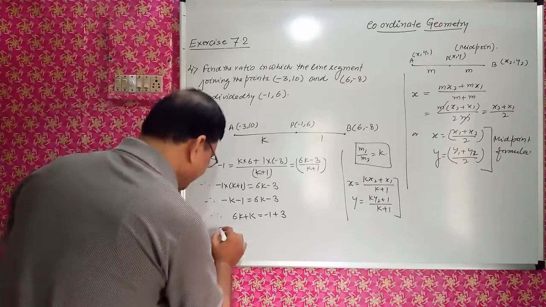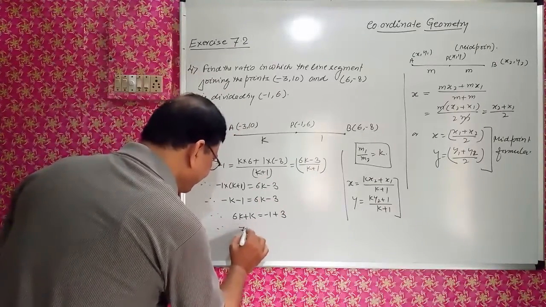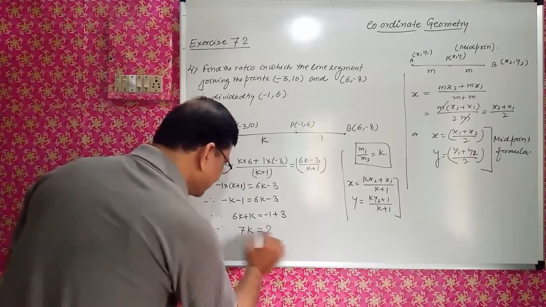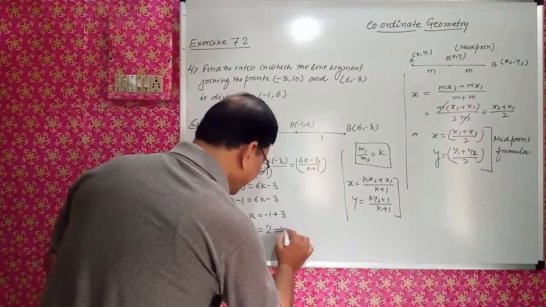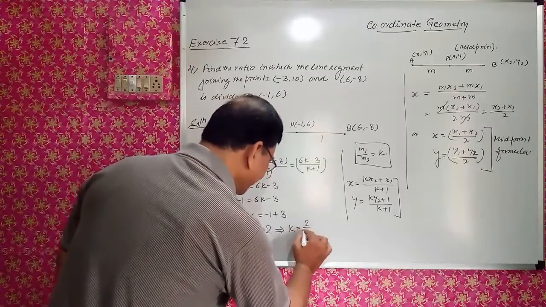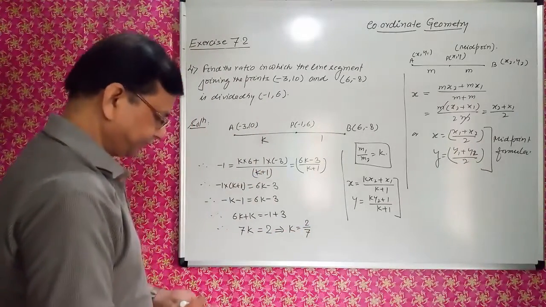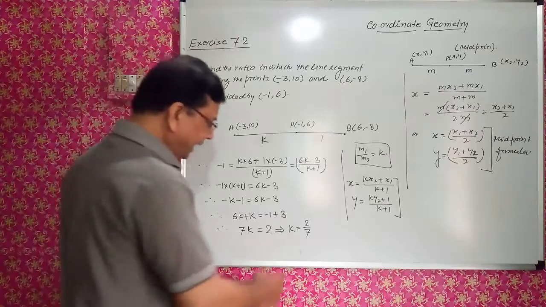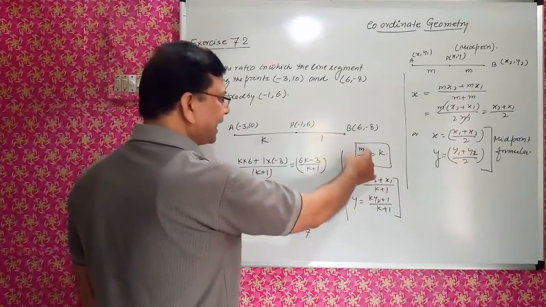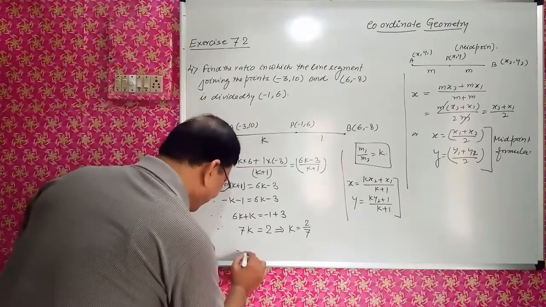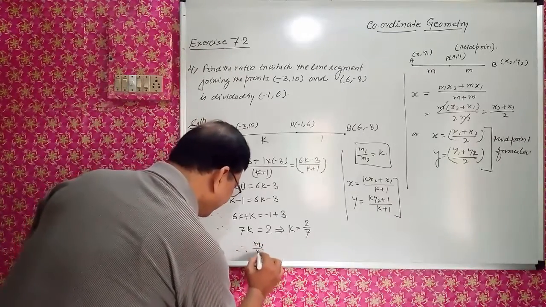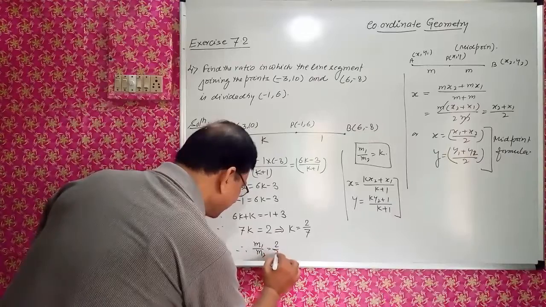Right? So therefore 7K is equal to 2, and this implies K is equal to 2 by 7. Got it? And K is 2 by 7 means M1 by M2 is equal to 2 by 7.